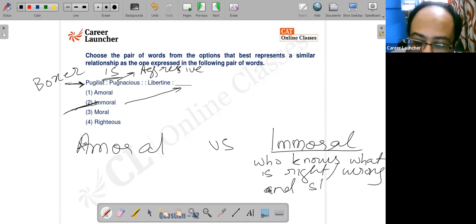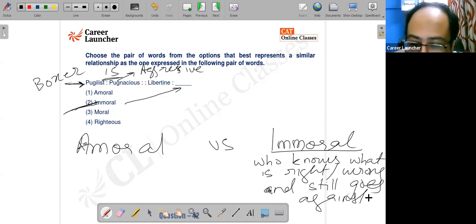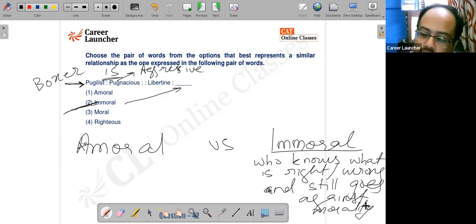So an immoral person knows what is right and wrong, and still does wrong, or let me put it across as still goes against morality. This is better. A person who knows what is moral and immoral, and still goes against morality, that is immoral.